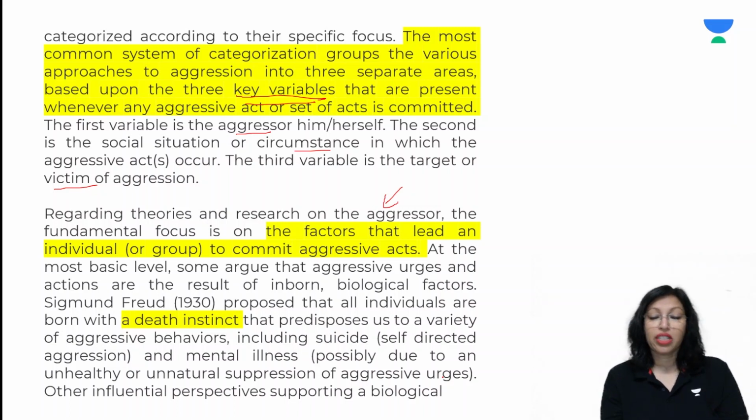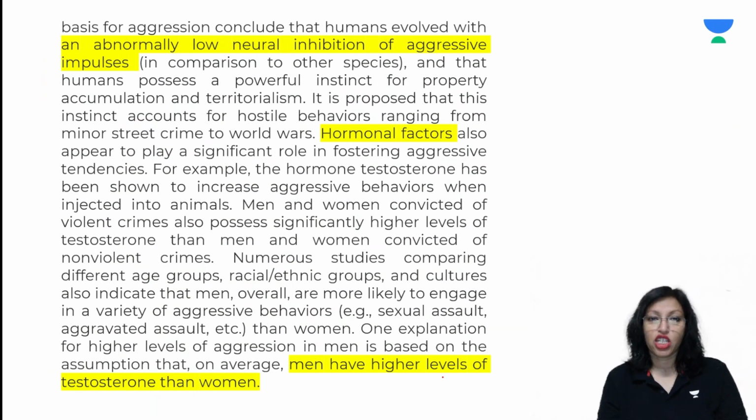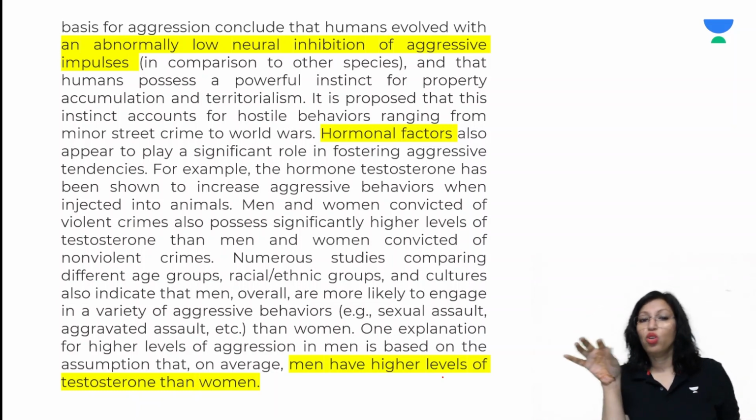There are of course other influential perspectives that support a biological basis for aggression. They conclude that humans evolved with an abnormally low neural inhibition of aggressive impulses in comparison to other species. Neural means related to nerves, inhibition means stopping.